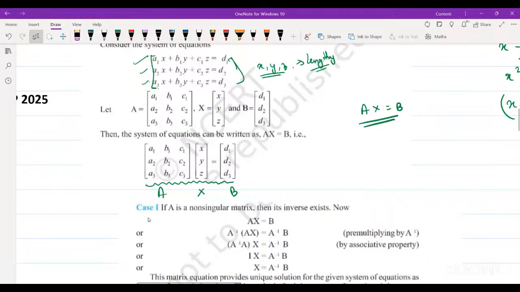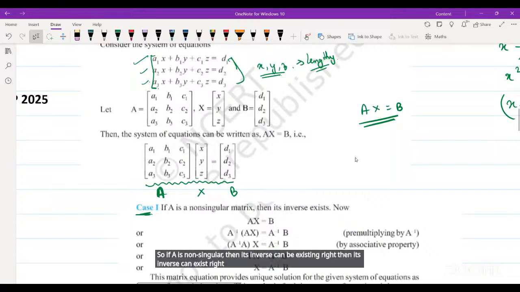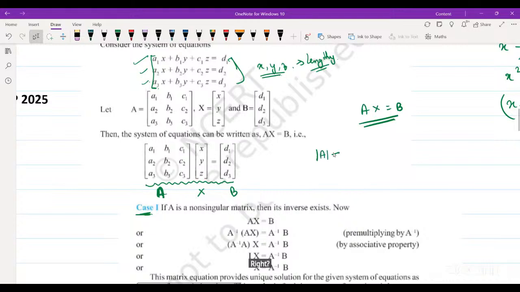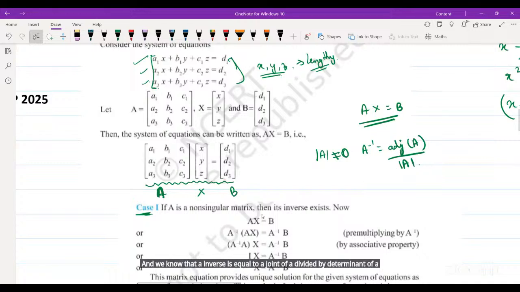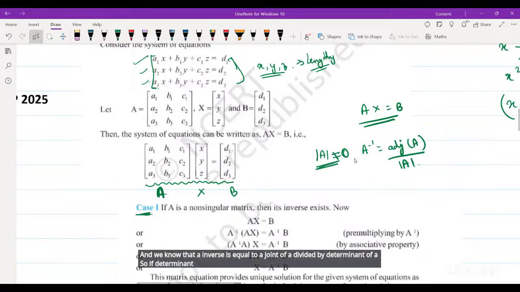Now there are different cases. Case one is if A is non-singular. So if A is non-singular, then its inverse can exist. Non-singular means determinant of A is not equal to 0. And we know that A inverse is equal to adjoint of A divided by determinant of A. So if determinant of A is not equal to 0, then A inverse can exist.